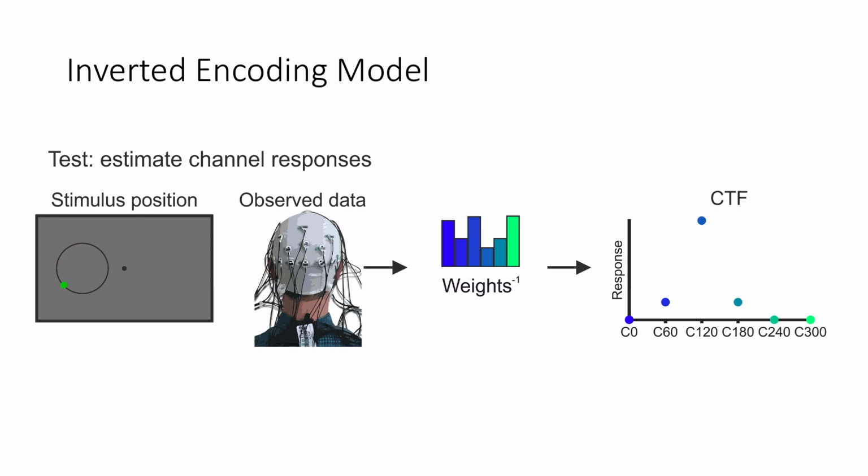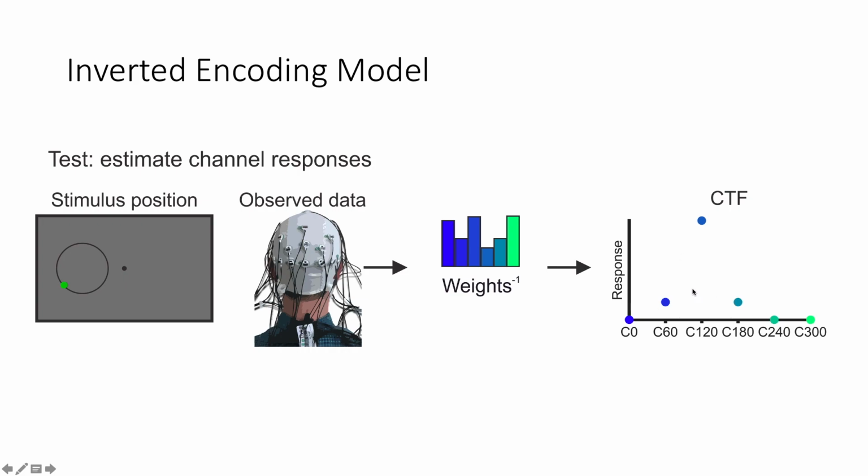Once we know the relative contribution of each channel to the response of each electrode, we can take a new set of data and work backwards, using the pattern of EEG activity on the scalp to estimate the channel responses when each location is remembered. If our model works, we should see something like the response here, where when an observer is remembering a stimulus at 120 degrees, we should see a peak in the channel corresponding to 120 degrees, as well as elevated responses in the adjacent channels.